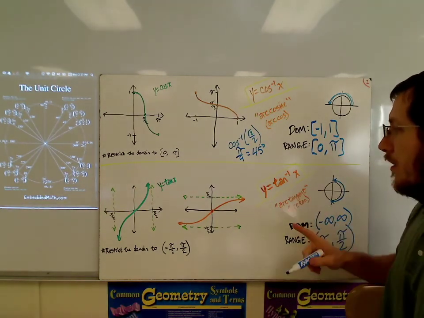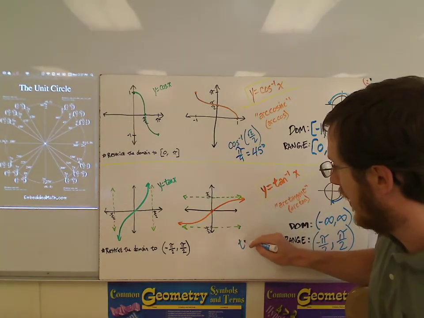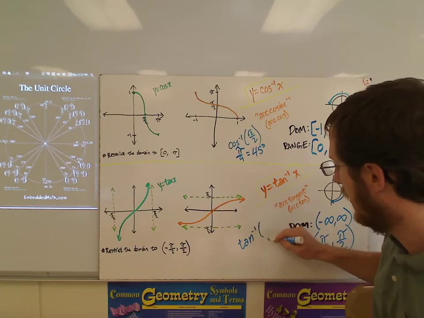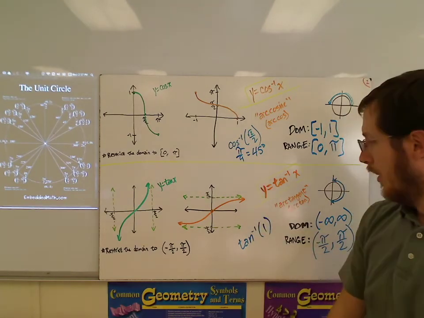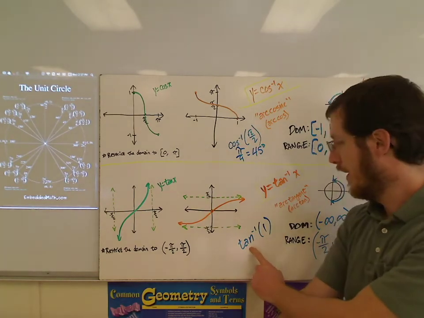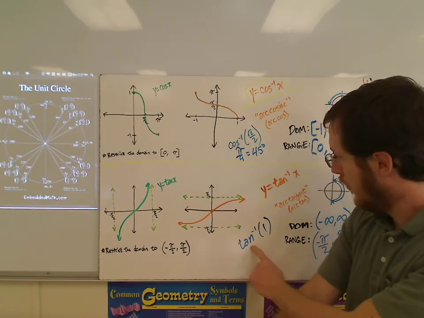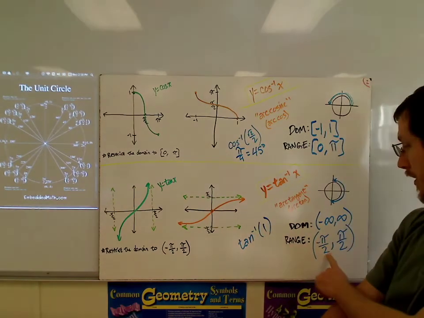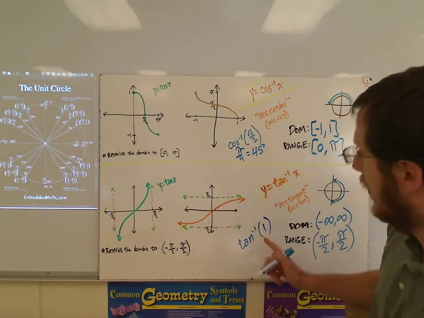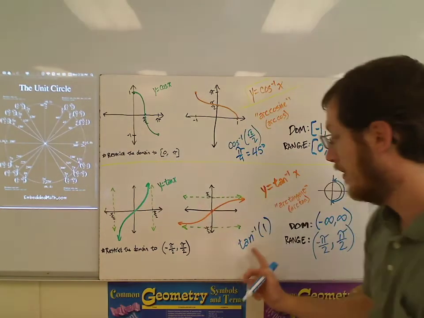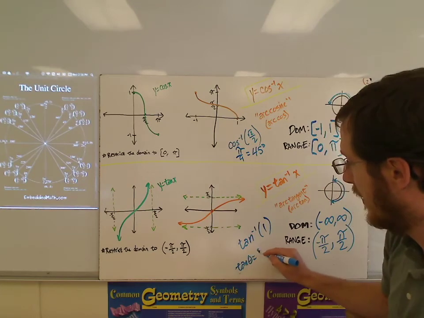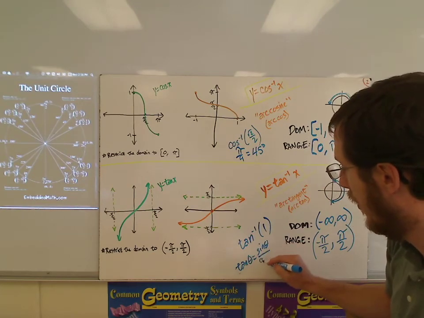Just like our other two, let's look at an example: the inverse tangent of 1. What this is really asking is, what angle has a tangent of 1 between -pi/2 and +pi/2? So go into my unit circle. Remember, tangent of an angle is the sine of the angle over the cosine of that angle.